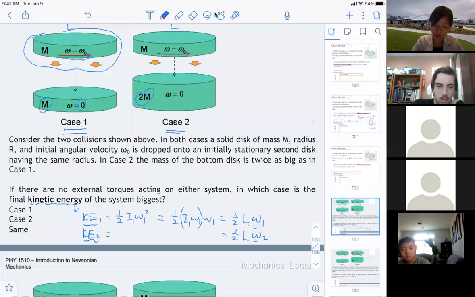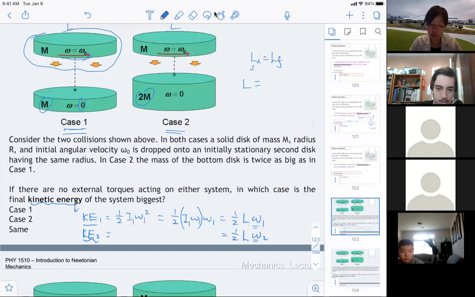What do you think? In case 1, and why is case 1 faster? It had the same initial rotational velocity, but now case 1 has just 2m for total mass instead of 3m. So it's the same initial velocity trying to rotate something that's lighter.